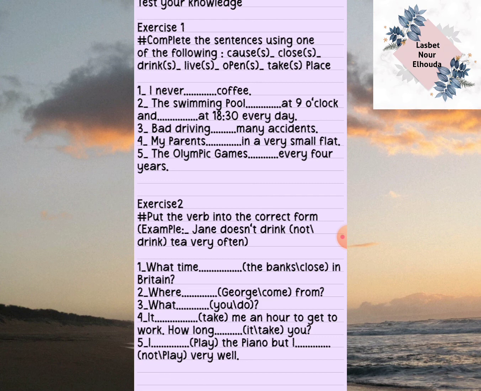For the second exercise, put the verb into the correct form. Example: Jane doesn't drink. I give you the verb between the brackets, and you conjugate it into the correct form. Jane doesn't drink, not drink, tea very often.